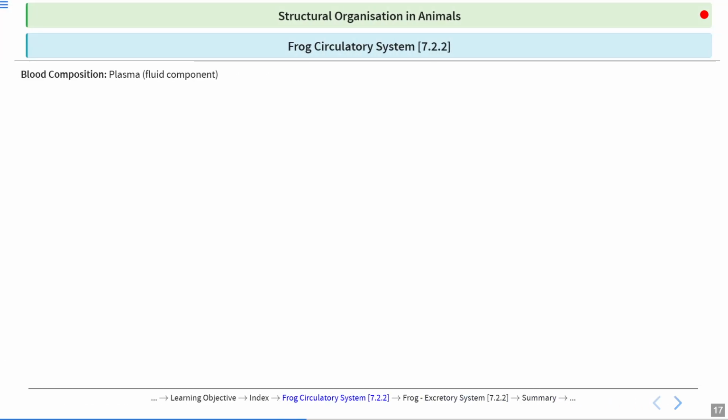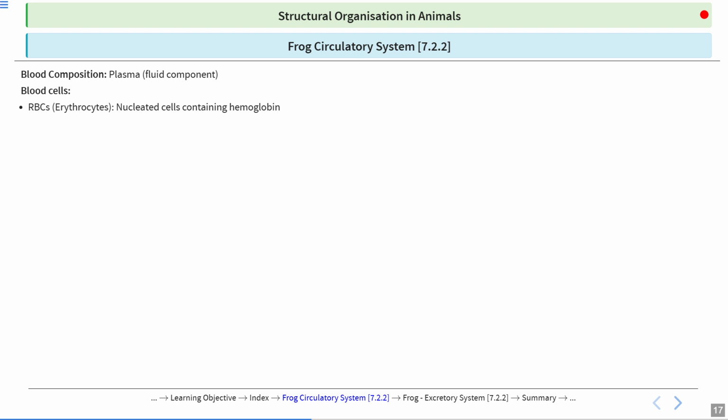Blood composition, that is the fluid component. So there are blood cells, that is RBC. RBC is also called erythrocyte. They are nucleated cells that contain hemoglobin. Very important point: RBCs of the frog are nucleated.